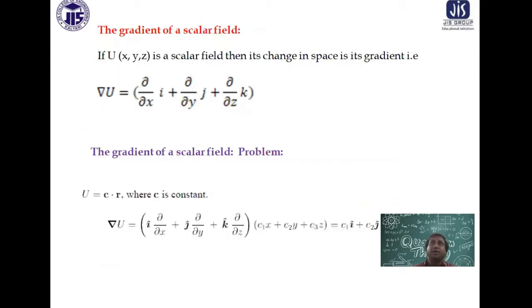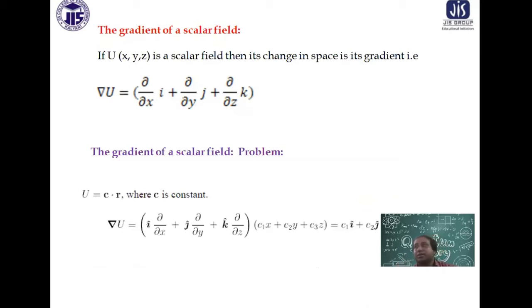This is the form of the gradient operator, del. You take the gradient of a scalar. So u is the scalar quantity, and del/del x i cap, del/del y j cap, del/del z k cap is the gradient operator. Now operate on u.